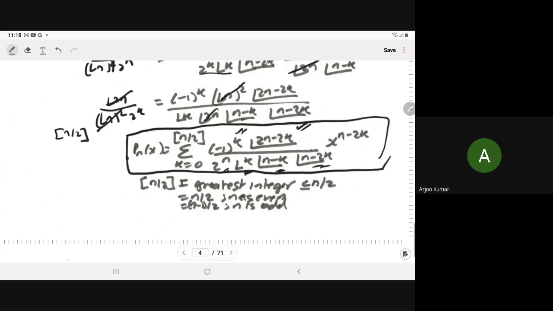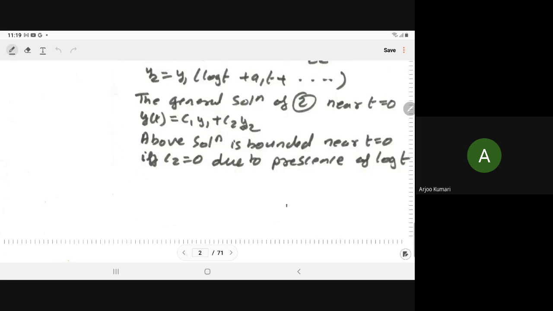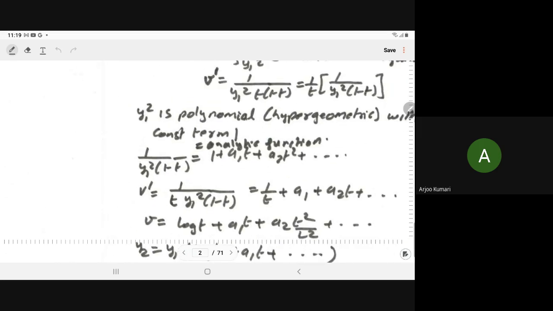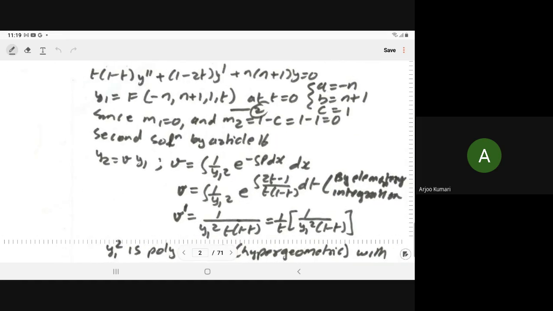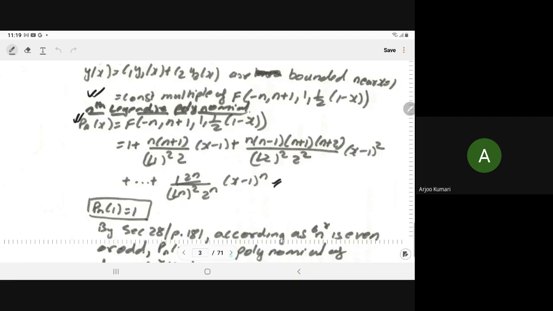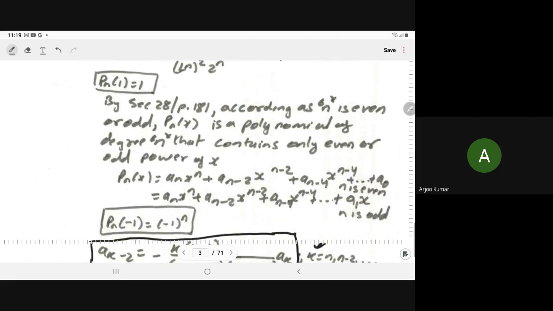Now this is another formula which you can use. One formula for the Pn is where we have written the Pn earlier.